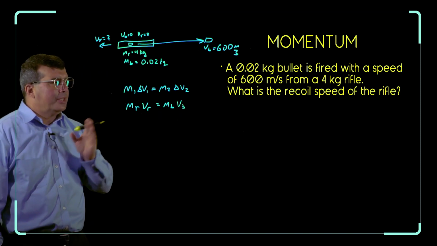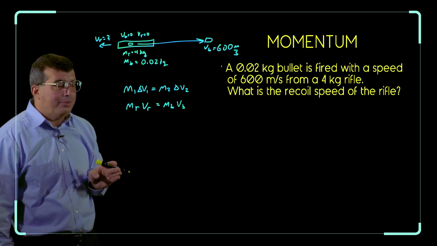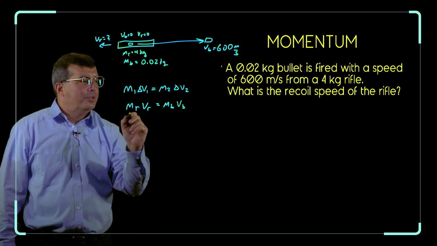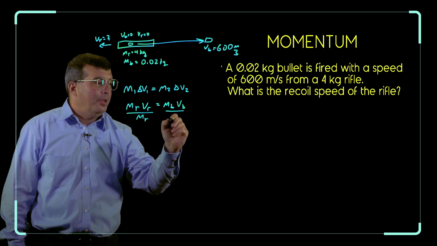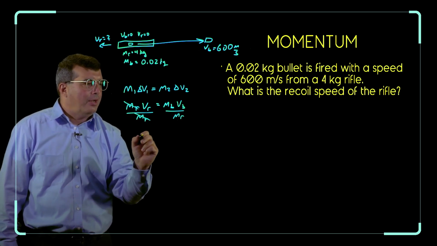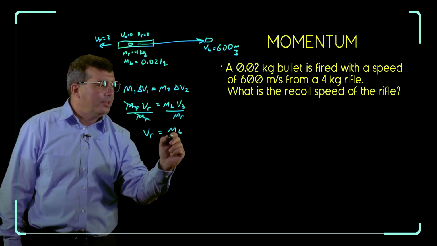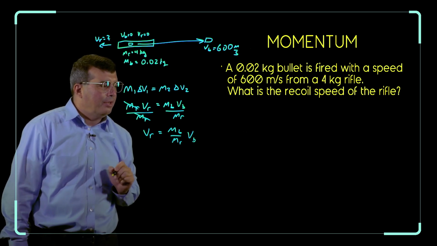So our conservation of momentum says mass rifle times V rifle is equal to mass of bullet times V bullet. And we want to know V rifle, so I will divide both sides by mass of the rifle. Mass of the rifle cancels out, and I have V rifle is mass of the bullet over mass of the rifle times the speed of the bullet.